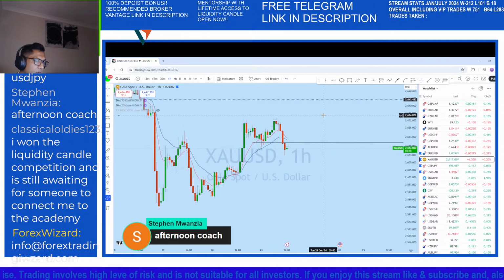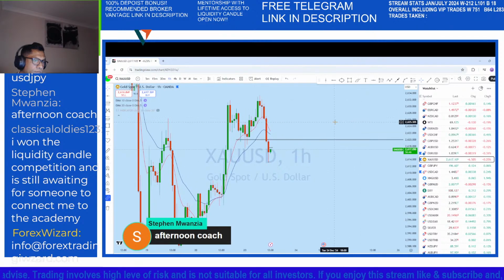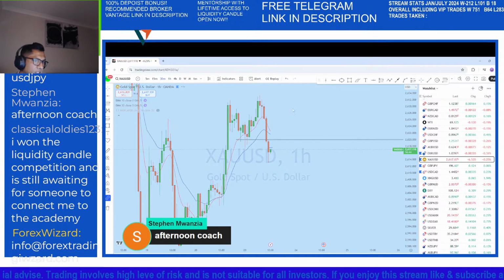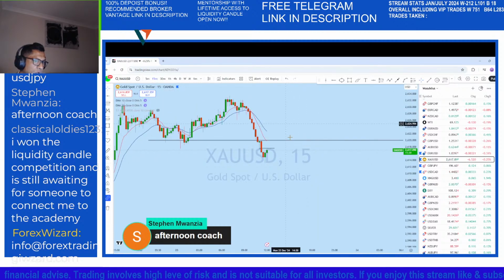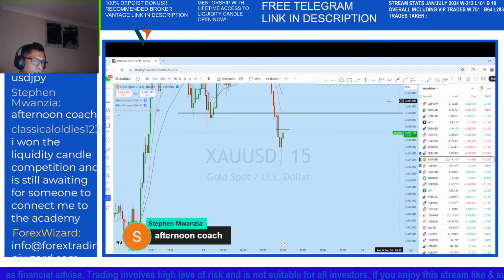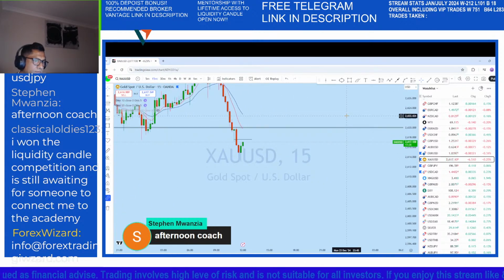Look at the 1 hour. Here is where you can see the market is in that direction. From the 15 minutes perspective, the market is also showing that same pattern here.